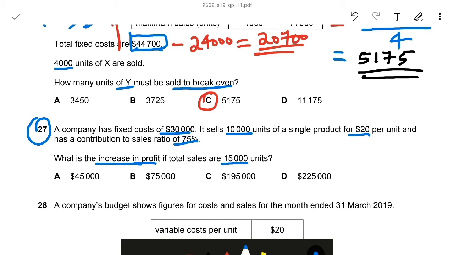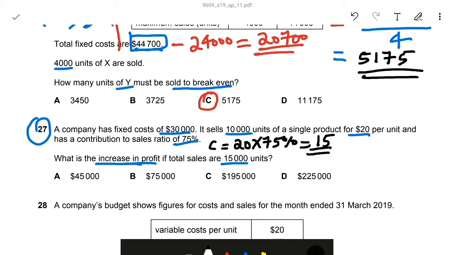So first the contribution. Contribution to sales ratio 75. Selling price is 20. So contribution is 20 into 75%. That is 15 is the contribution.